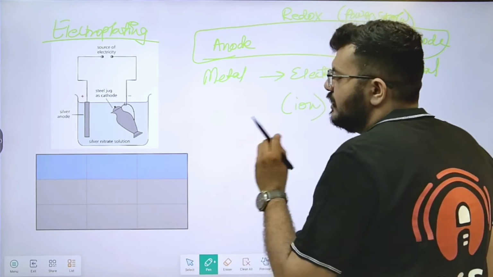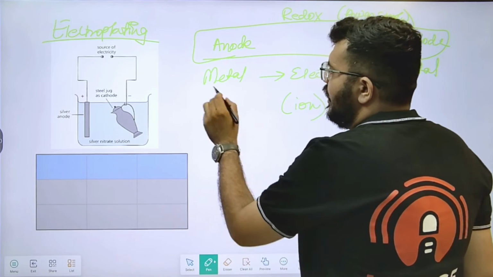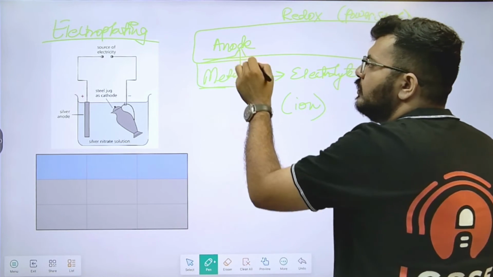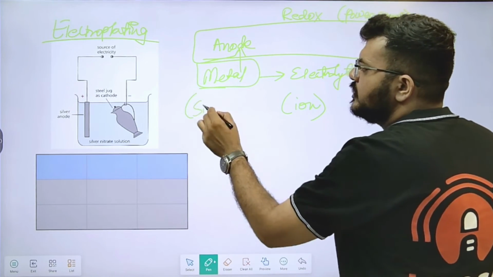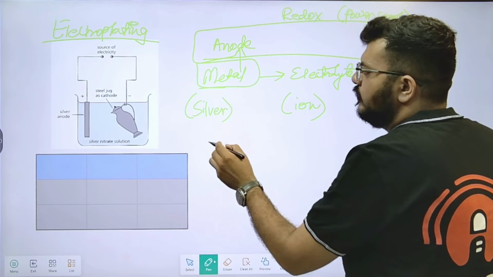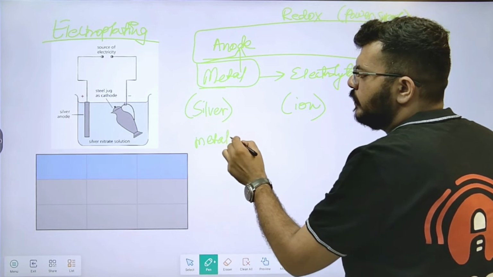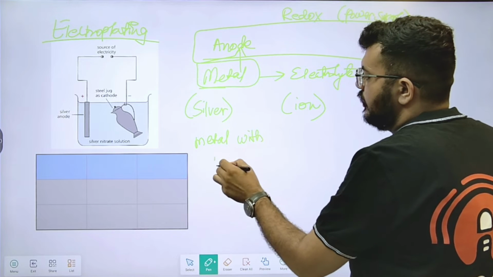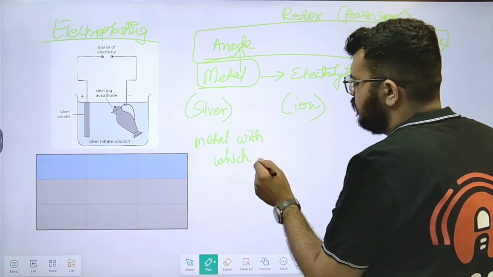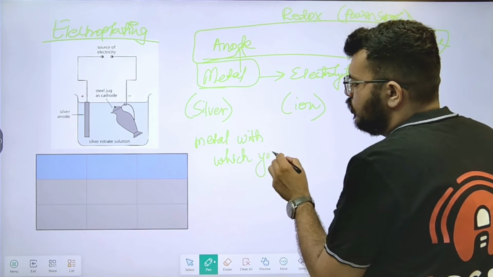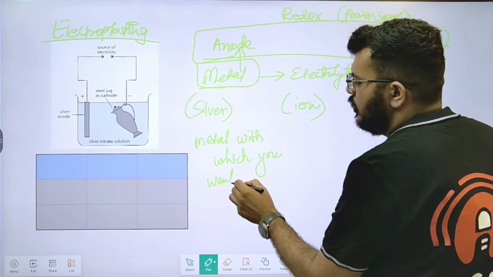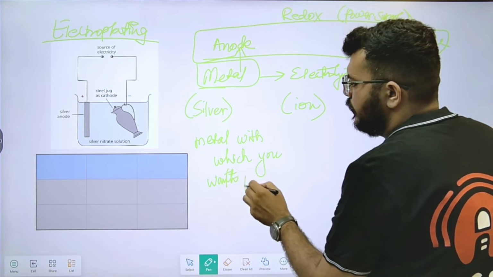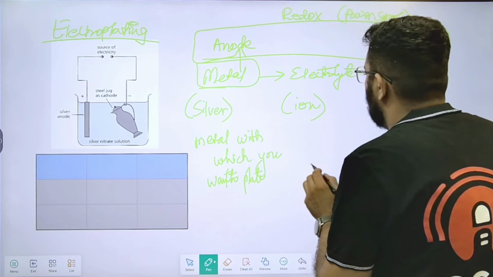So what are the things required? See, I require the metal as my anode, right? Here it will be silver metal with which you want to electroplate, right? I really hope this pen is visible, with which you want to plate, right?